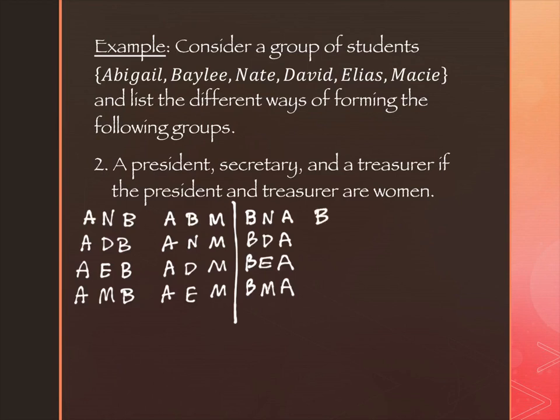But I could also do Bailey with Macy. And I could do the same students in between. So Nate, we'll do Abigail first because we're going in order from left to right. Abigail, Nate, David, and Elias.